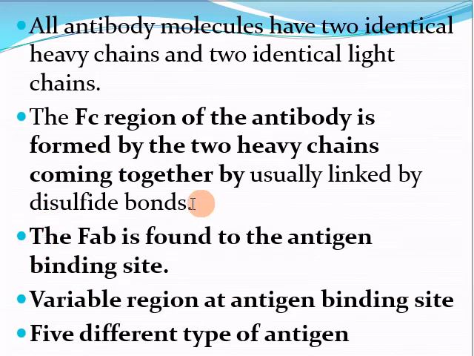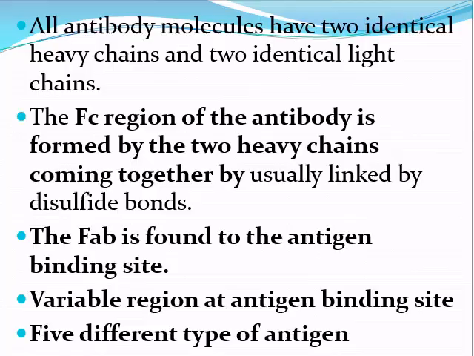These fragments, two heavy chains and two light chains, are bound together by a disulfide bond. And FAB is the fragment antigen binding region, which is the variable region. So in these regions the antigen binds with the antibody.